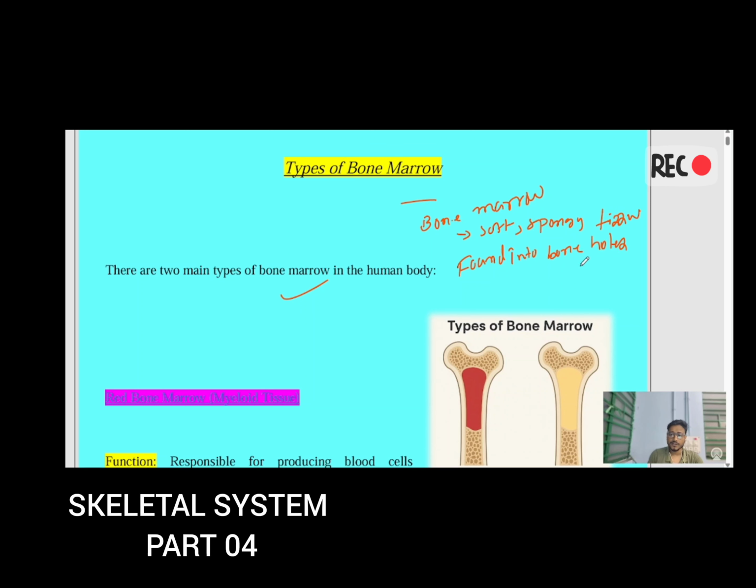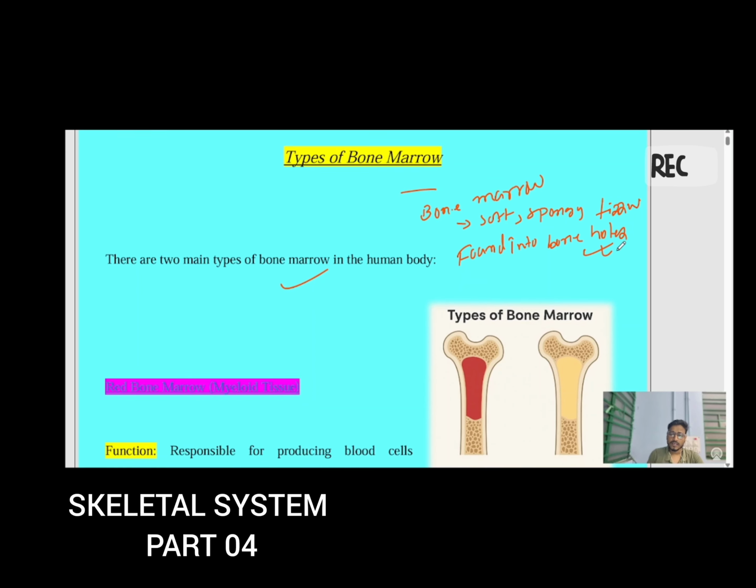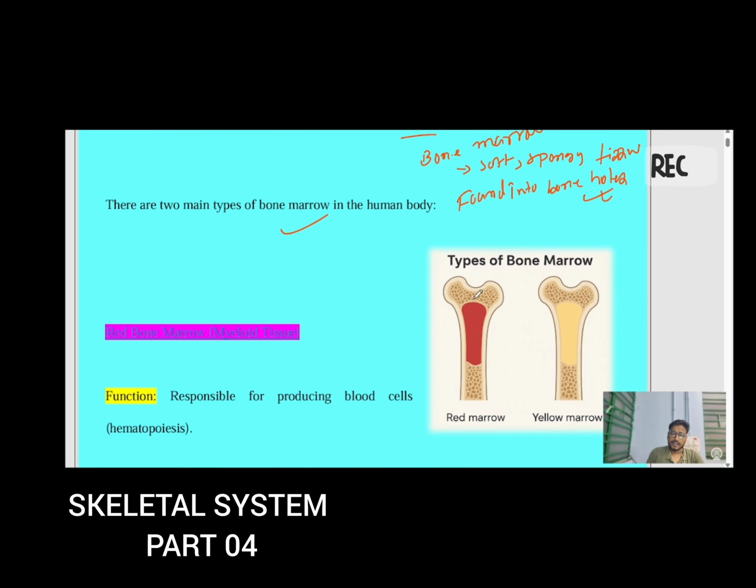Okay. So if it is a bone, here we can find a whole number of bones. In the previous class we read about the types of bone tissues, the types of bone cells.